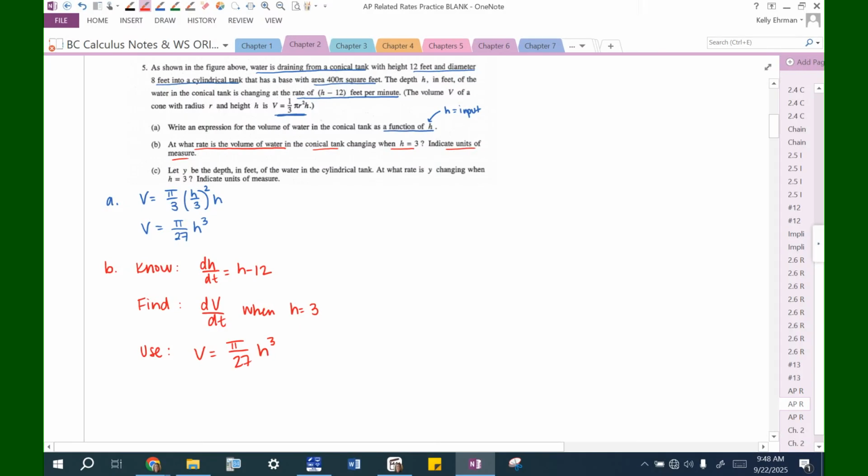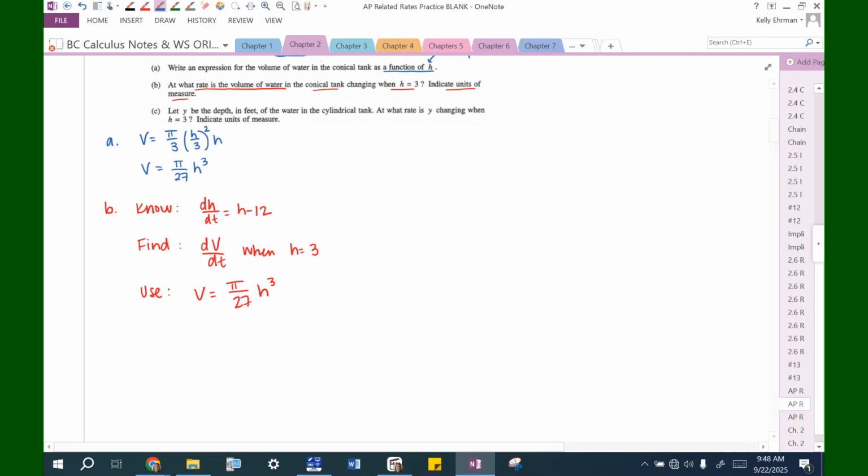All right, so what do we do with this? We take the derivative with respect to t of both sides. All right, so this becomes dV/dt. I use power rule here, so 3 pi over 27 becomes pi over 9, h squared. And I have the chain rule here because I took the derivative of an h variable with respect to t.